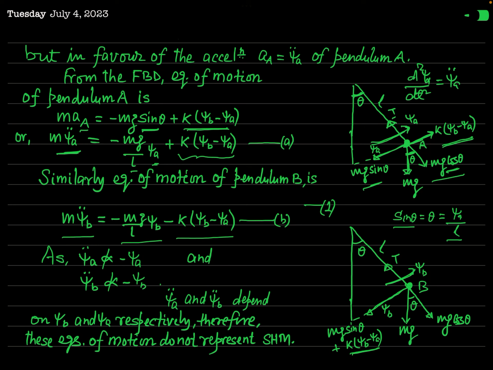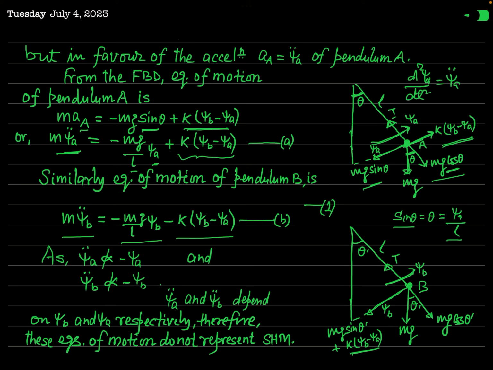Here sine theta will be equal to psi b divided by L. Actually, here this theta will be something different. You can write it theta prime, because psi b is different from psi a. So instead of theta, now write theta prime. And so this is the equation of motion of the second pendulum B.